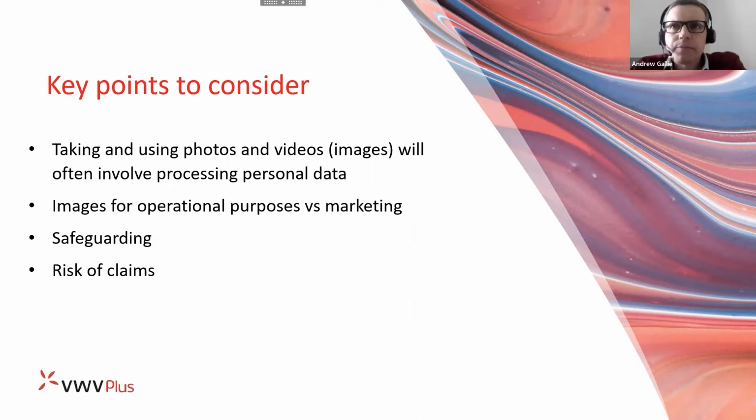Okay, and then so photographs and videos is one of the areas where we see quite a lot of litigation. For those of you who've come to our talks before, you might have picked up that the pendulum is swinging more in favor of the organizations in terms of data breaches. So it's now harder for individuals to bring data protection related claims.